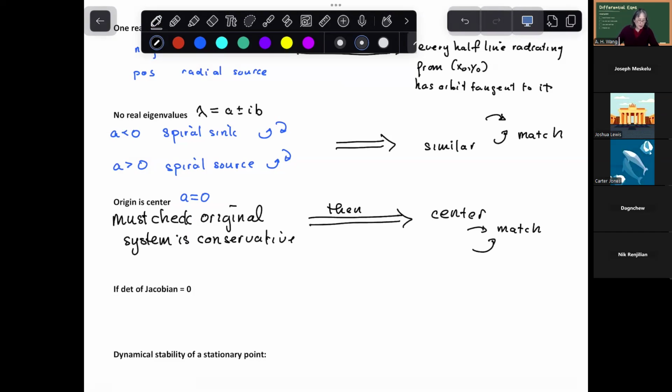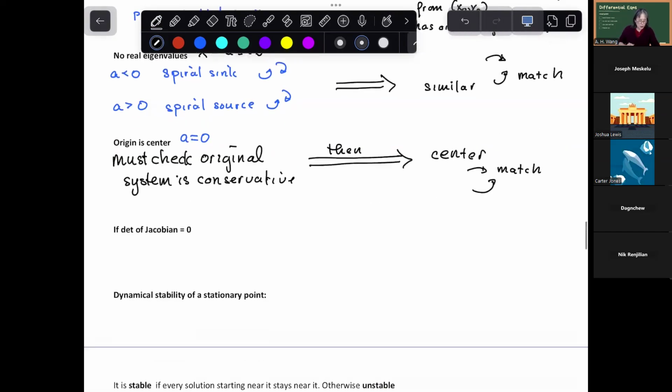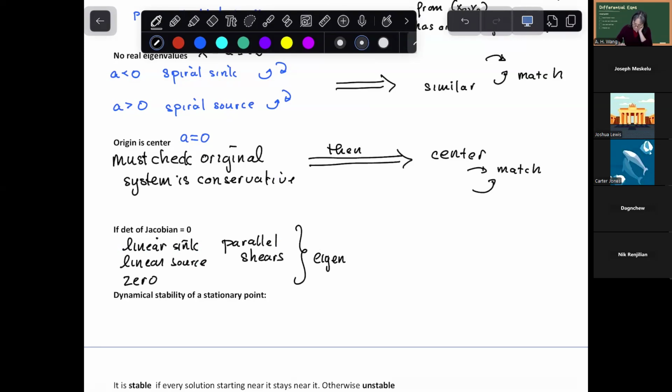And then if the determinant is not equal to 0, remember what these were: this was your linear sink, linear source. You have a 0, you have parallel shears. These guys, the eigenvalues, you'll have an eigenvalue 0.